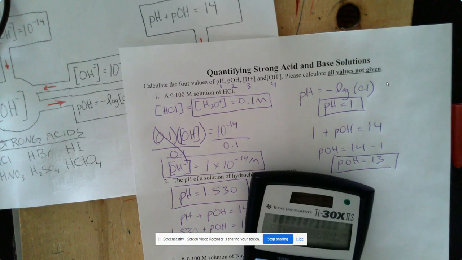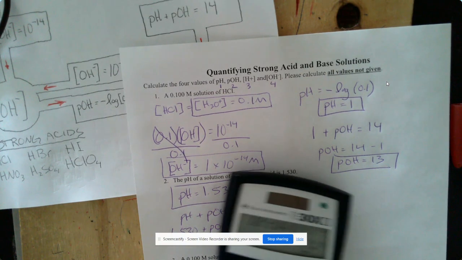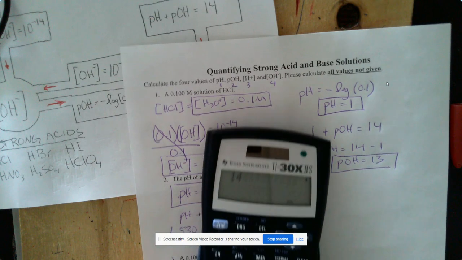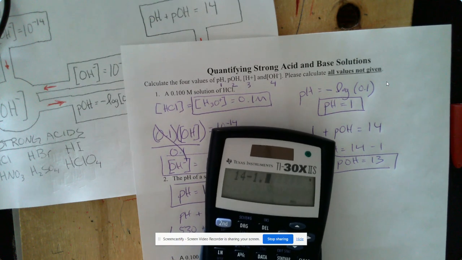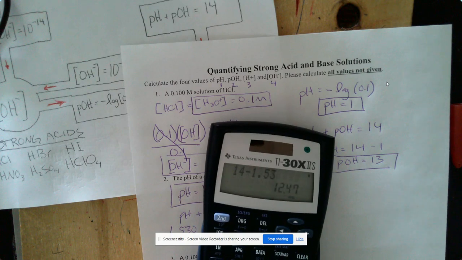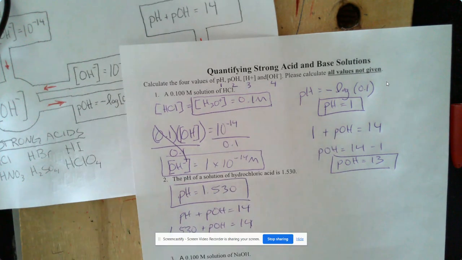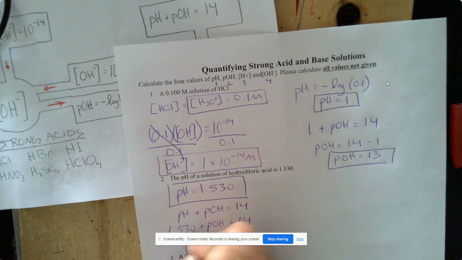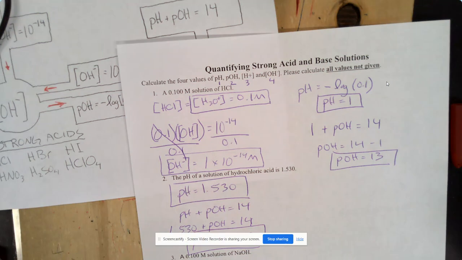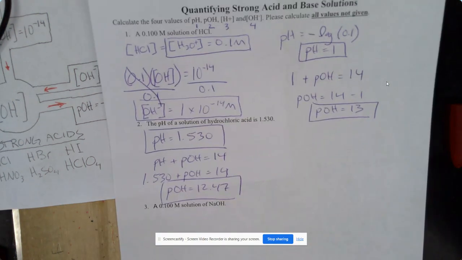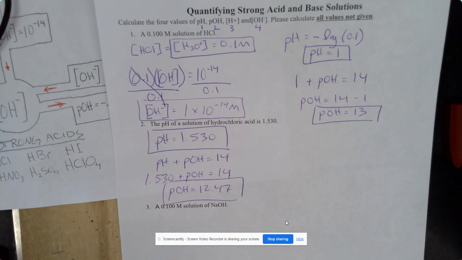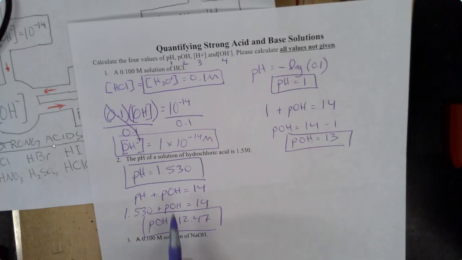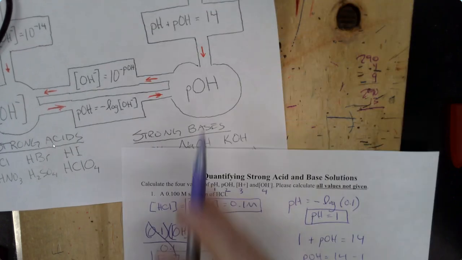We're just going to go 14 minus 1.530, and that's going to be 12.47. So the pOH is equal to 12.47. Nice. Okay, sweet. Here, I'm going to get rid of this thing. Boom. Okay, so we got the pH, we got the pOH.